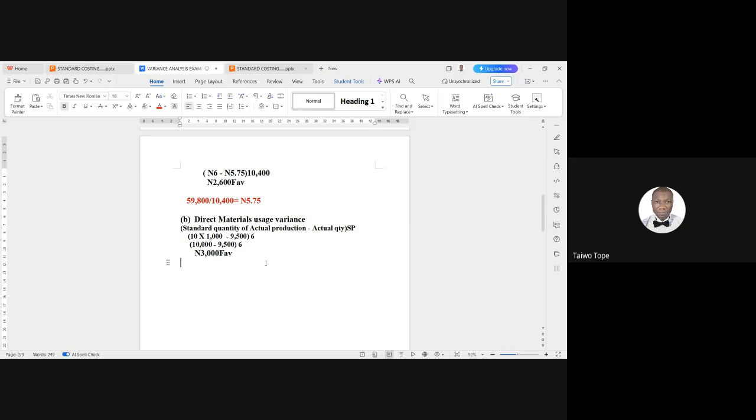So material price, okay, we've talked about that. So this is the material usage variance, which is computed based on standard quantity of actual production less actual quantity of material used, multiplied by the standard price.